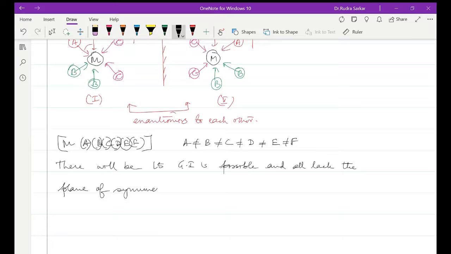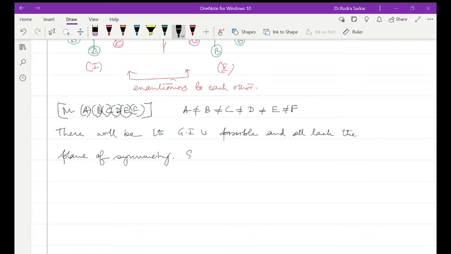And so we will say each one is optically active.